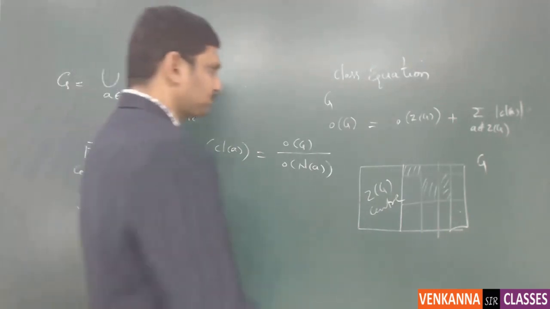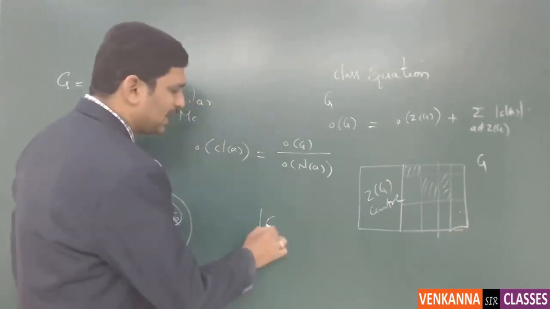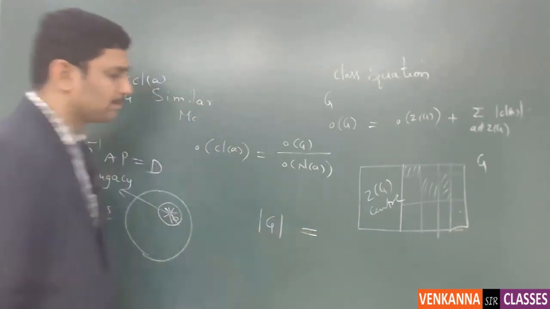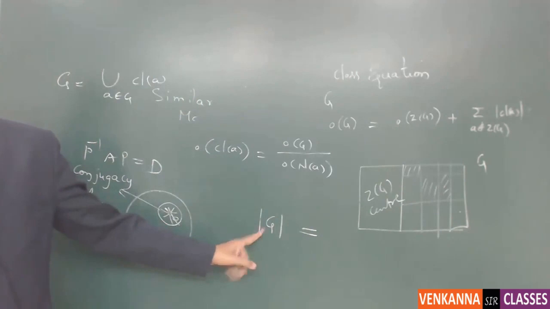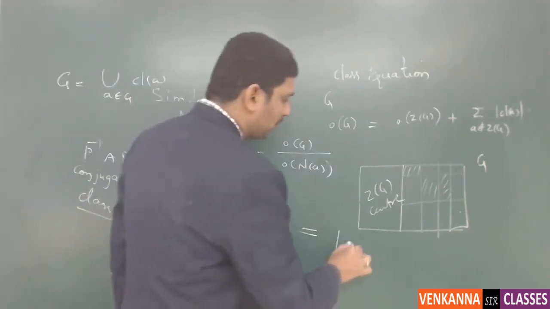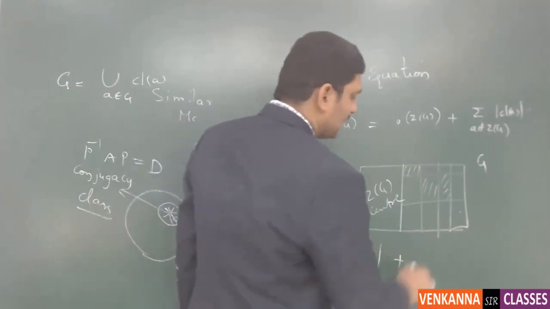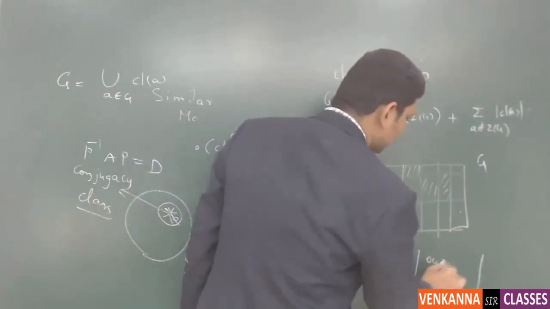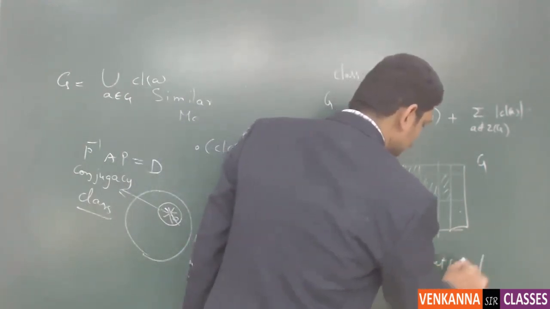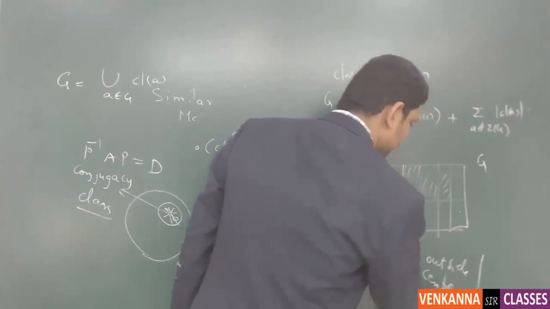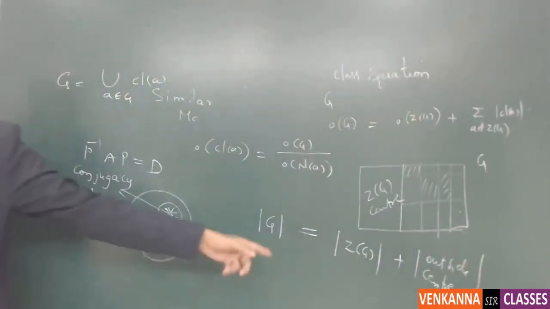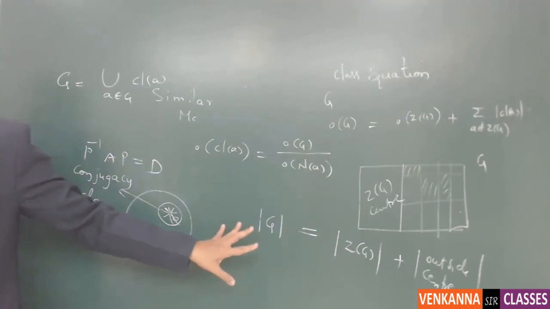See, the total number of elements in the group, order of G, is equal to the total number of elements in the center and the number of elements outside the center. Clear? This is the actual thing.